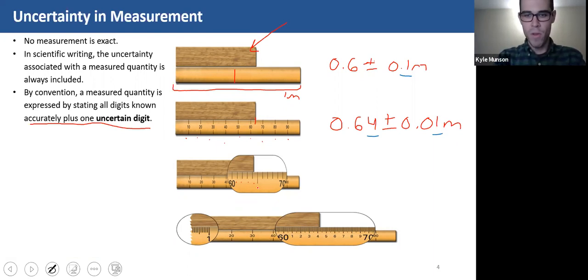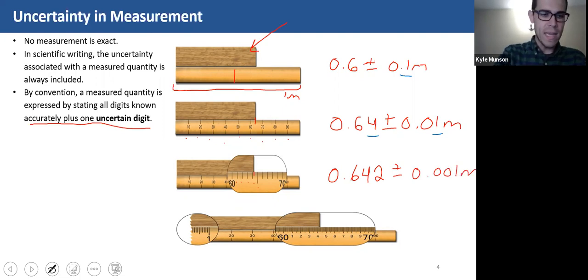Okay, so now here, I'm very confident in this part, but the next part in between there in the millimeter category, that's a little uncertain. So I'm going to say maybe this is 0.642, just me guessing, plus or minus, and I'm going to write my uncertainty in this way, okay? Where again, this is my uncertainty digit.